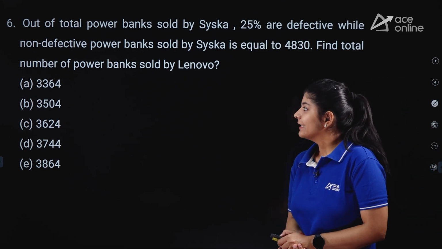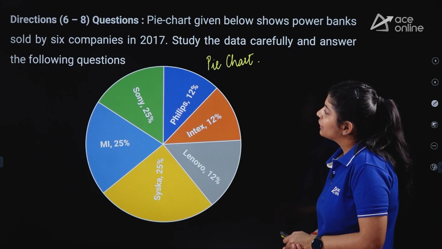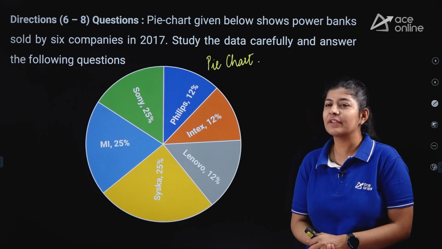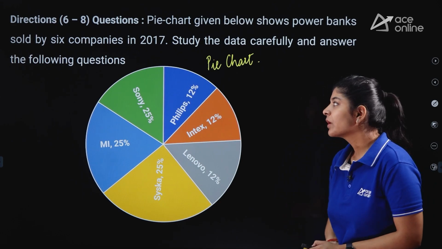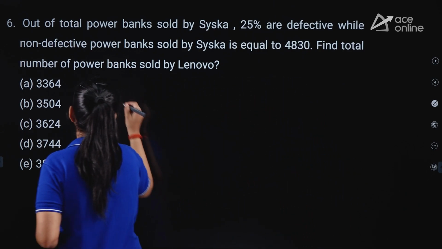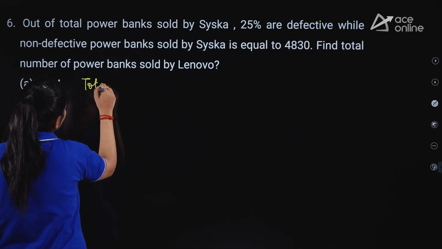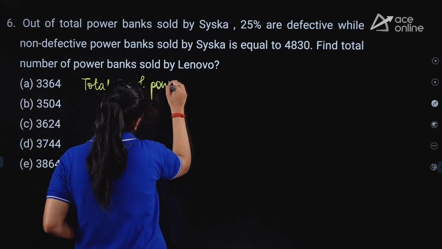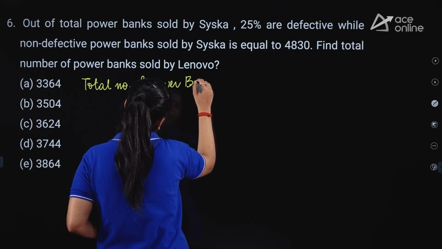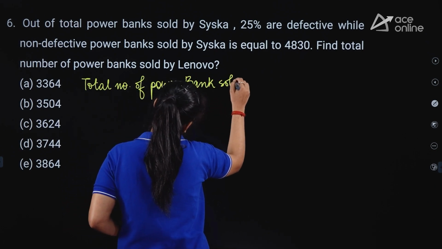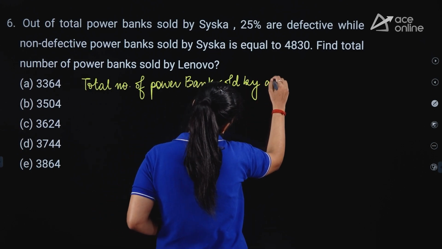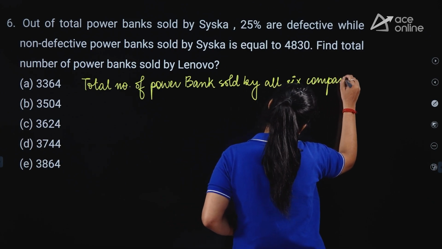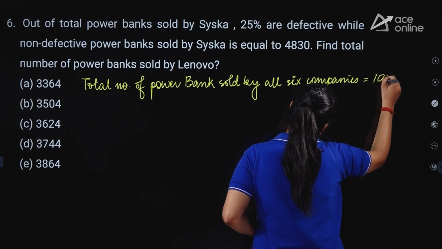If you just focus on this particular question, here the total quantity is not given. The only thing that is given is here we are having 6 companies, right? So we just simply assumed by ourselves that the total number of power banks sold by all 6 companies is equal to 100x.